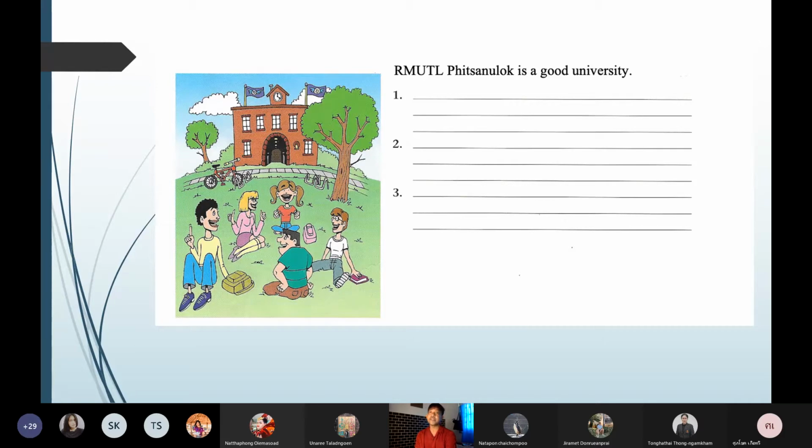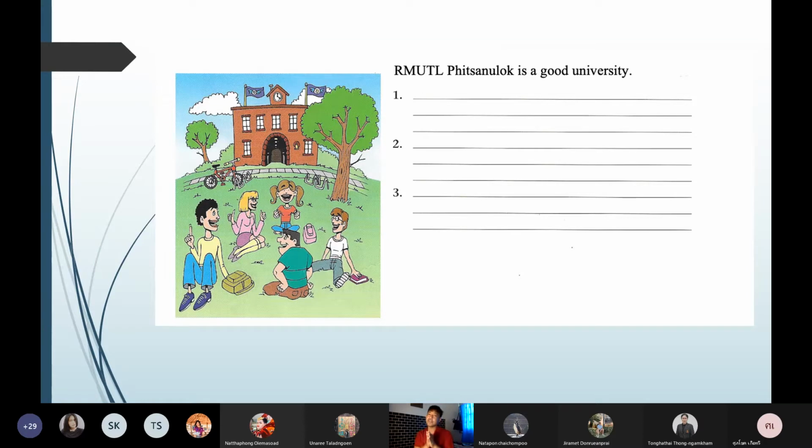The buildings are surrounded by trees. So, in conclusion, RMUTL Phitsanulok is a good university because of its clean environment. It's very simple. I think it's not so difficult to give details or evidence or proof to the main idea or main point.